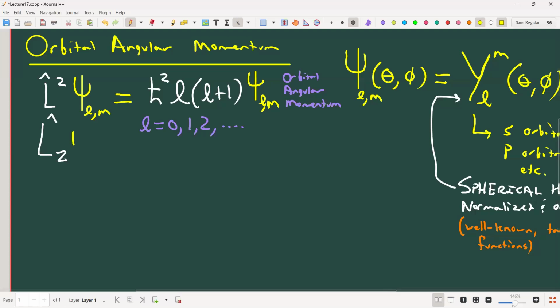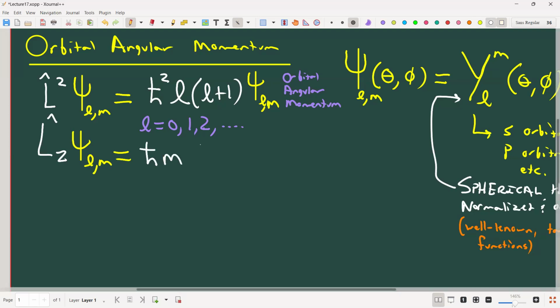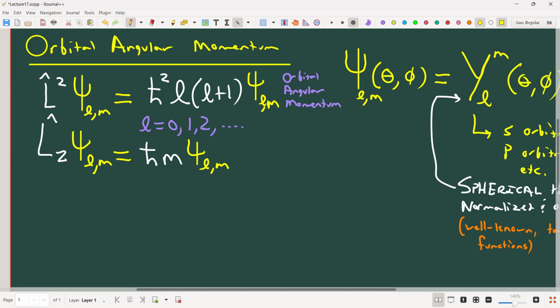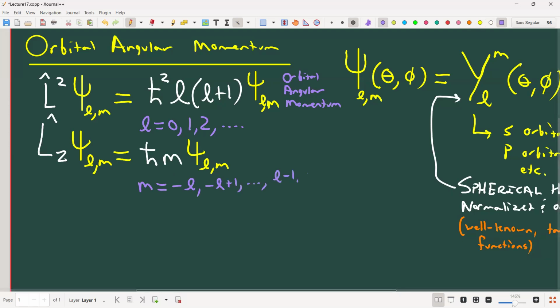And then we're left with the final one, which is the Z component of the angular momentum, which is H bar M times the wave function. Where M can take any value from minus L, minus L plus 1, and so on, up to L minus 1 and L. Okay.